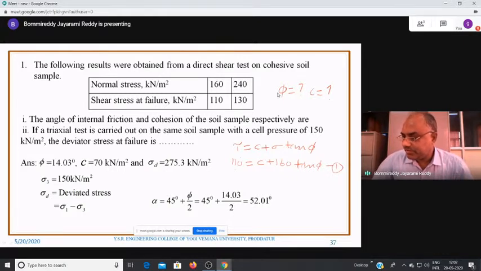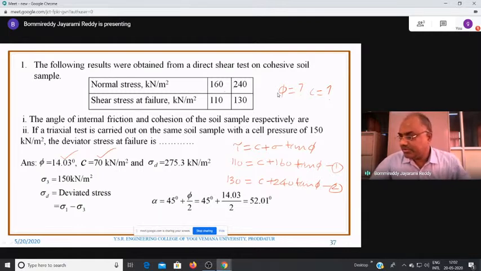Another equation: tau is 130 equal to C plus the corresponding normal stress 240 multiplied by tan phi. This is the second equation. By solving these two equations, you will get C equal to 70 and phi equal to 14.03 degrees. That's all about the first question.